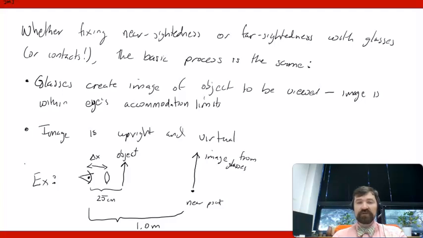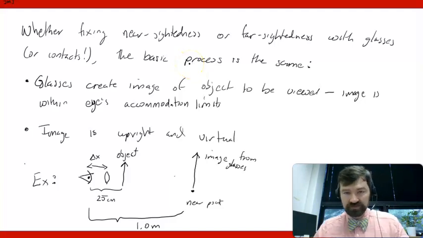It should be noted that by changing your near point, you may also effectively change your far point. How does that work? Well, in the case of this correction, where we have somebody who's farsighted, you end up having to use a convex lens and it moves your image to farther away. The image of the object is farther away than the object was.